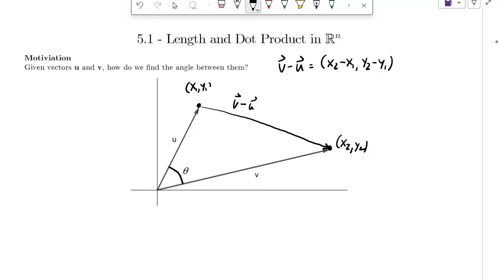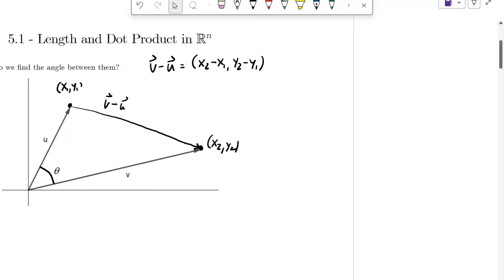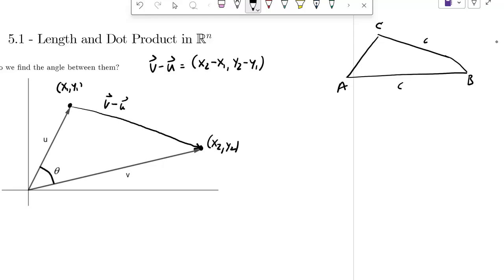So let's see if we remember some trig. Let me draw this off to the side, and then we'll come back to this. If I have, let's call it triangle ABC, and I have sides A, B, and C, I can relate the 3 sides and the angle through the law of cosines. Before we remember law of cosines, you should remember Pythagorean theorem. What is Pythagorean theorem?